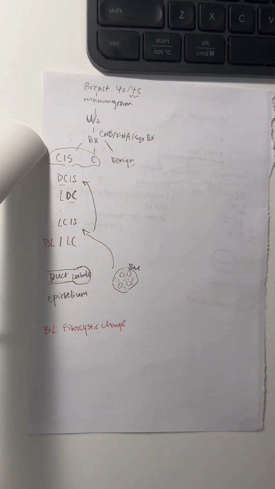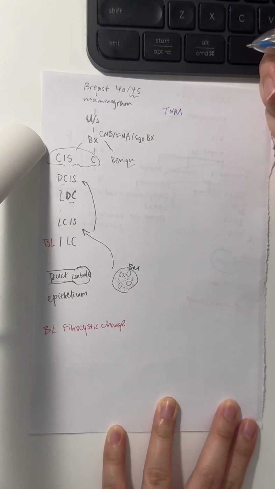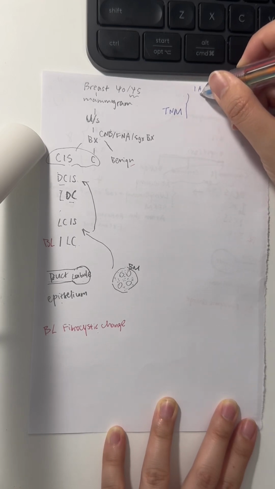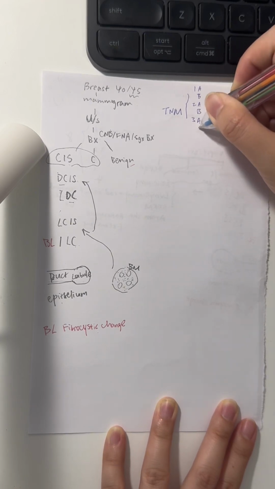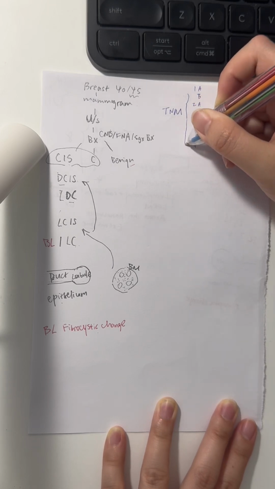The treatment for ductal carcinoma in situ depends on something called TNM, the tumor, nodes, metastases score, and it also depends on the individual patient's condition, of course. The rating goes from 1A, 1B, 2A, 2B, 3A, B, C, and 4. Don't ask me why stage 3 has a C and 4 is just by itself.